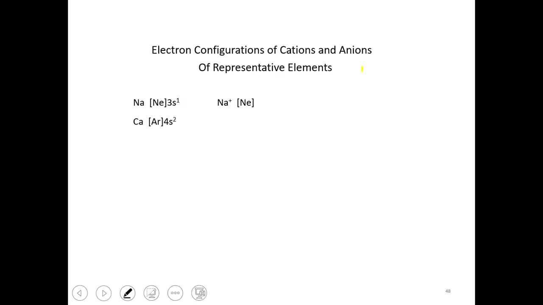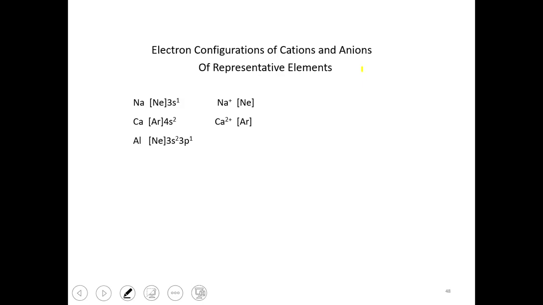Let's look at calcium. Core of argon, 4s2. We know calcium makes a +2 ion. Notice that the calcium ion would essentially be a core of electrons like argon. Let's look at aluminum. Core of neon, 3s2, 3p1, and we know aluminum makes a +3 ion, right? Before we said, well, it's because it wants to have 10 electrons like neon.